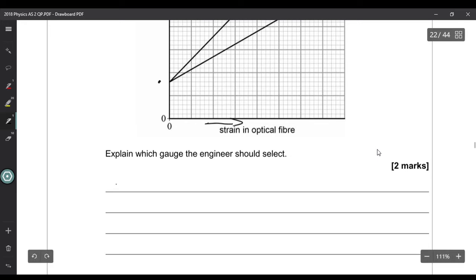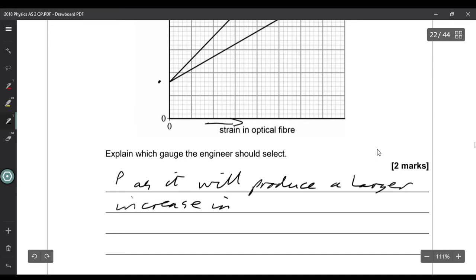So we're going to say P, as it will produce a larger increase in lambda r for same increase in strain.